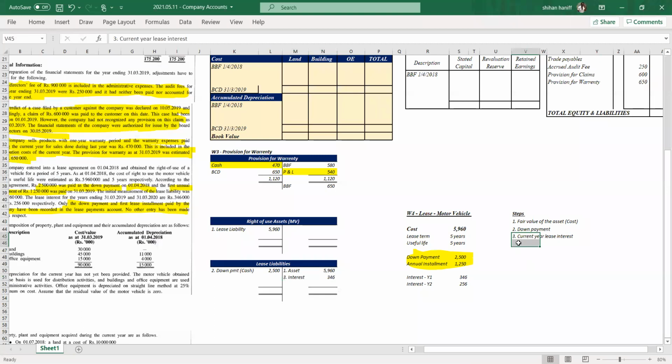And the fourth step is annual installment. It is cash account credit, lease liability account debit. It's also cash, 1,250.